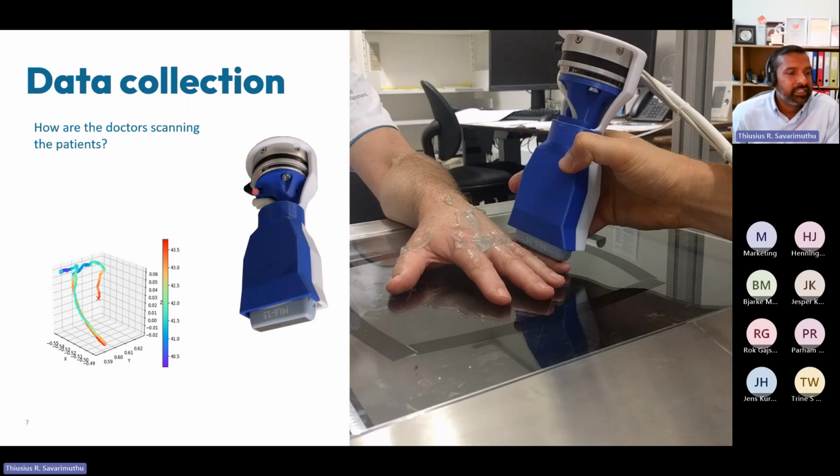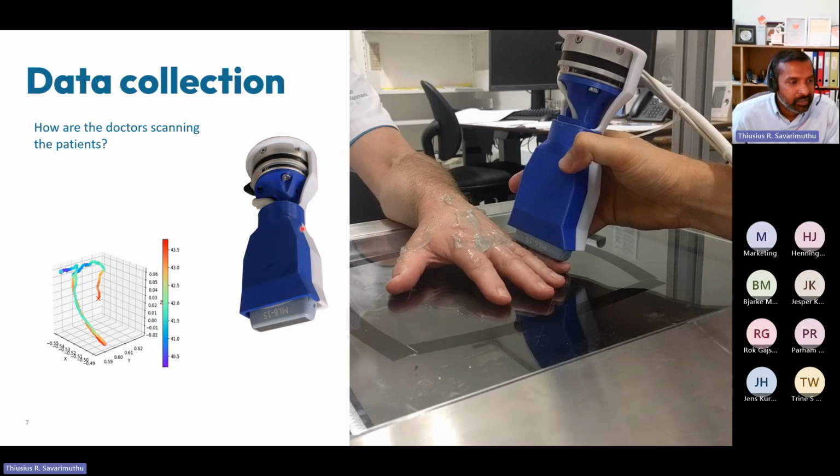So having this device, we asked a number of doctors at the hospital to show us how to scan a patient, scan different joints, and create a data set of images of other employees at the hospital.